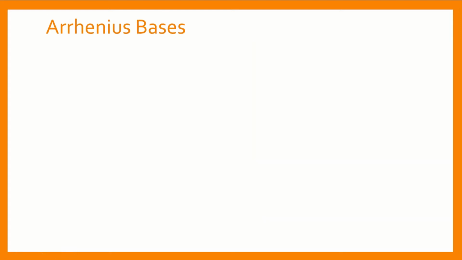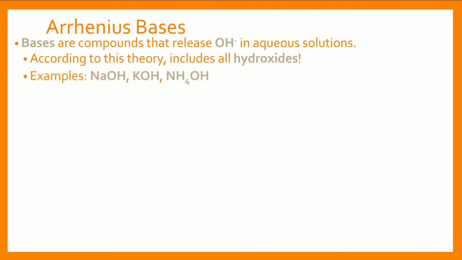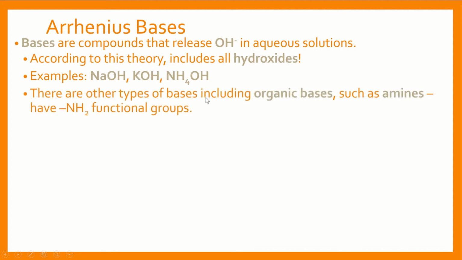All right, Arrhenius bases. We've already talked about the Arrhenius theory. Arrhenius says that compounds that release OH negative in aqueous solutions are bases. So this includes, obviously, all hydroxides: sodium hydroxide, potassium hydroxide, ammonium hydroxide. They're all going to dissolve and produce hydroxides, OH negatives, in water.